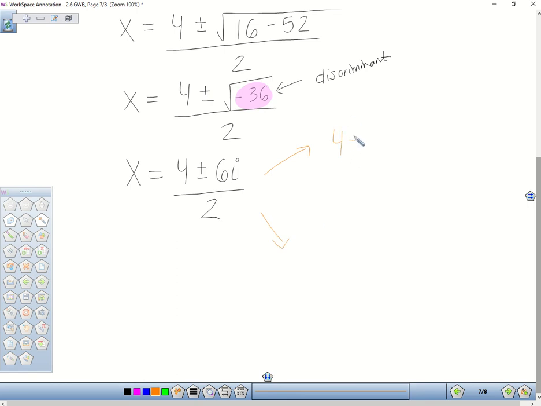We have 4 plus 6i over 2, and we have 4 minus 6i over 2. Now, this is not the fully simplified version of our solution, okay? And that's because what can I factor out of the numerator of both of these? 2. So I can factor out a 2.